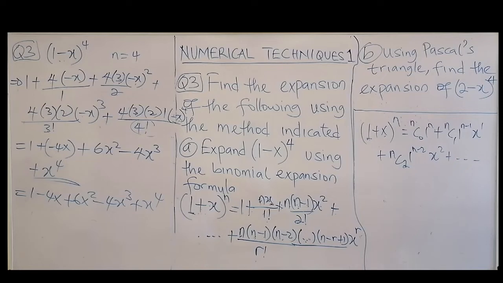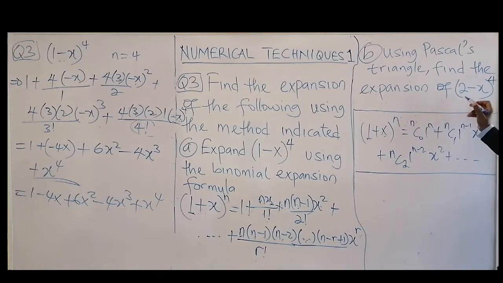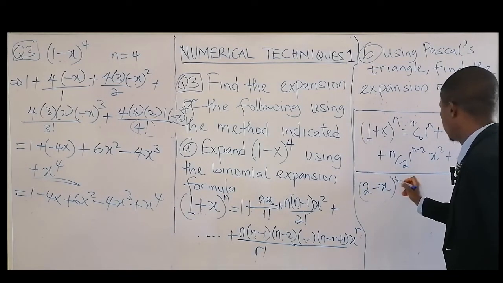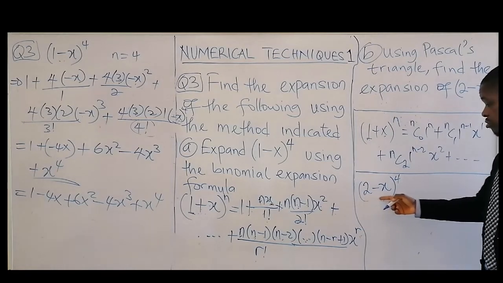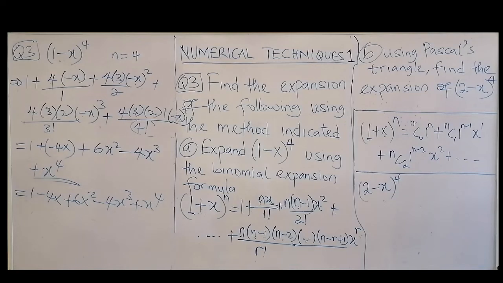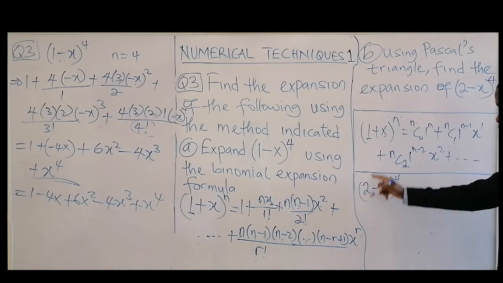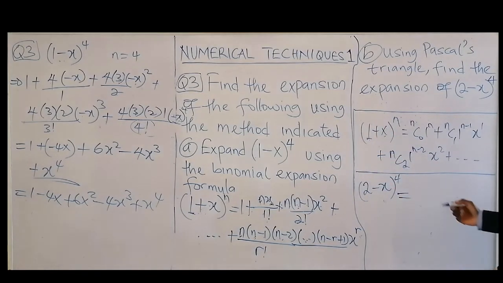So that's that. But the question we have here is 2 minus x power 4. If you like, we can divide through by 2, but it's not a must. If you don't want to make it 1 to conform to the standard form, then no problem.